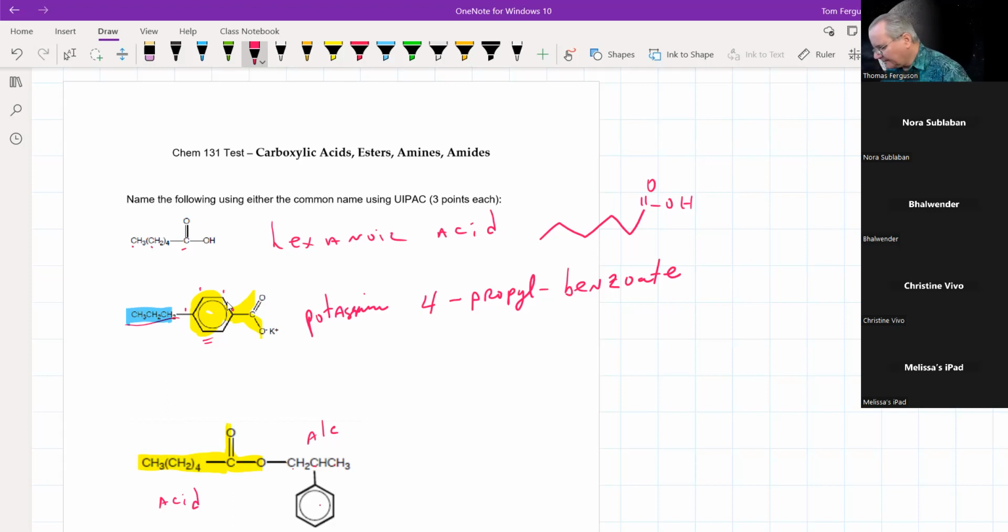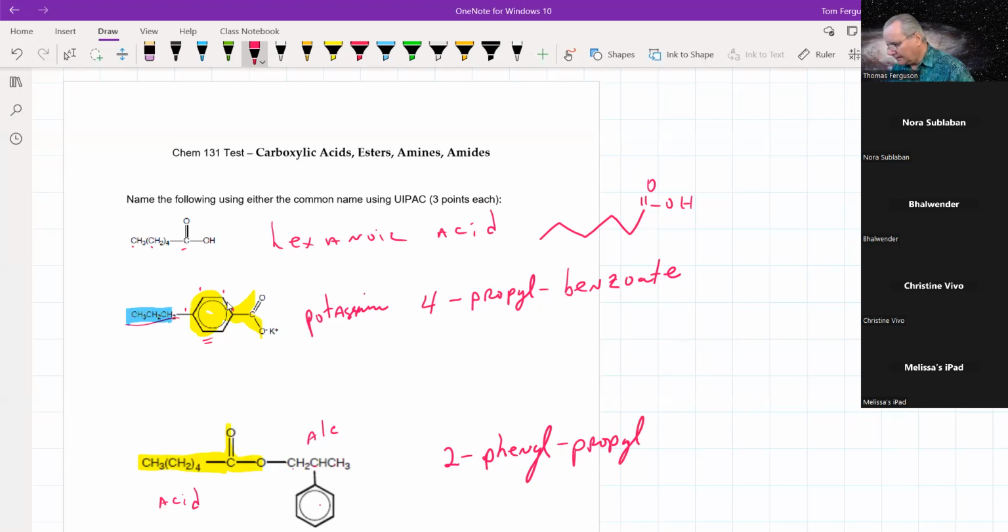So it's a 2-phenylpropyl. And this is a 1, 2, 3, 4, 5, 6 hexanoate. So this would be alcohol.